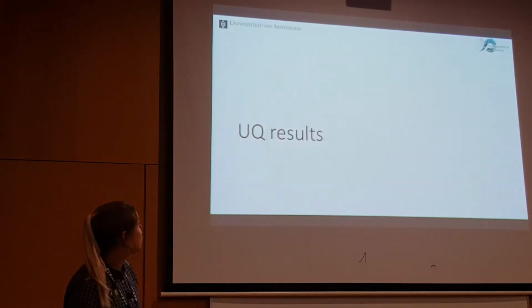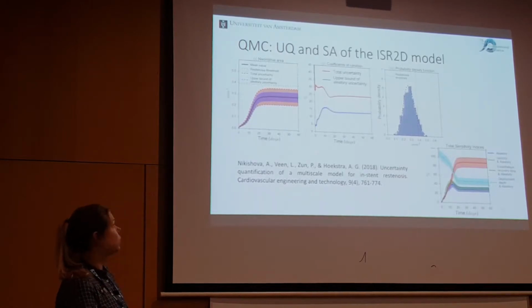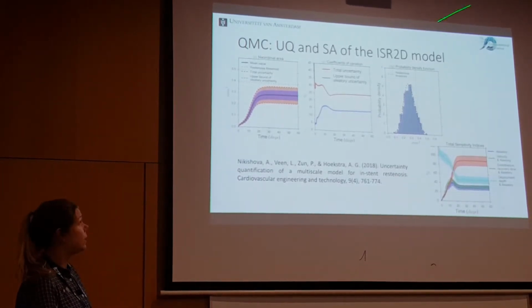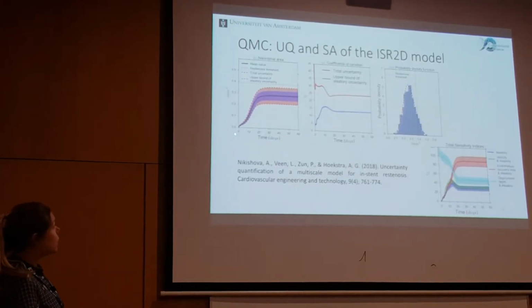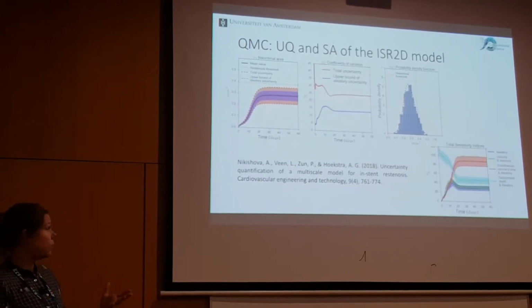So first, our result of uncertainty quantification of the response of the ISR model. The first plot shows the cross-sectional area, the solid line is the mean value, and the x-axis is time. The blue area is the aleatoric uncertainty, and the red area is the total uncertainty.